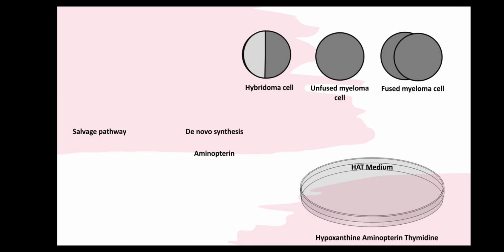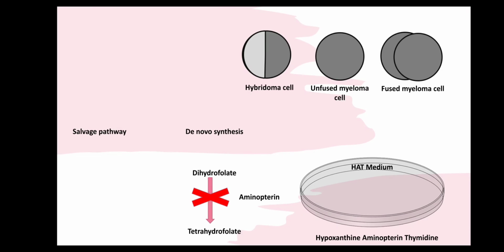Now the question will arise, why in the presence of aminopterin is de novo synthesis not possible? The answer is that de novo synthesis of nucleotides requires tetrahydrofolate, which is formed from dihydrofolate, and the formation of tetrahydrofolate can be blocked by the inhibitor aminopterin.